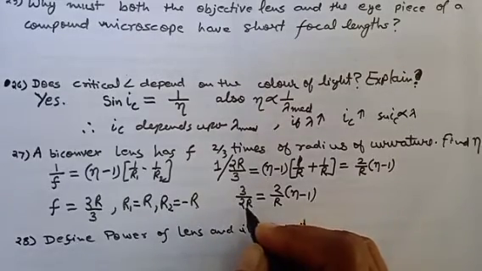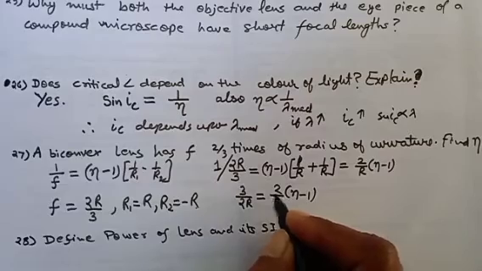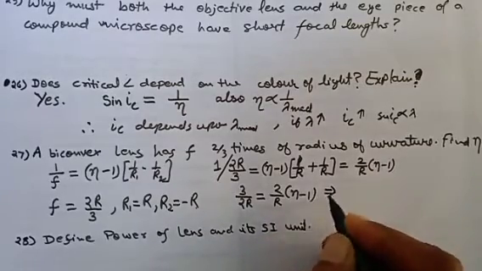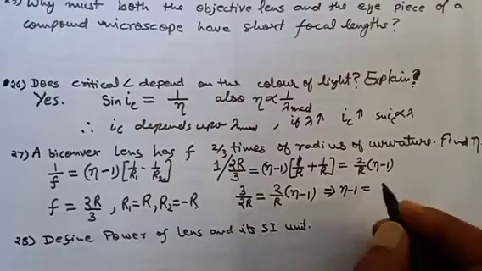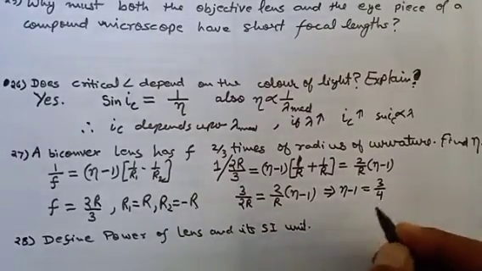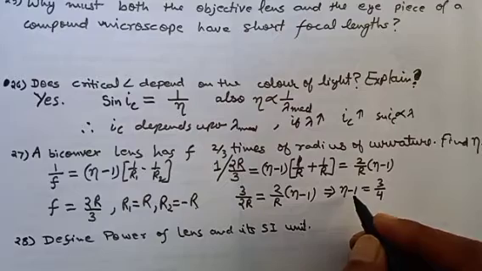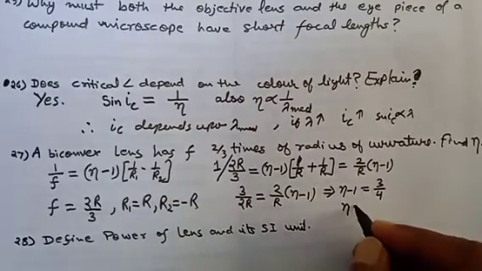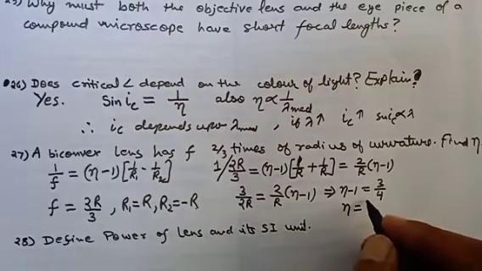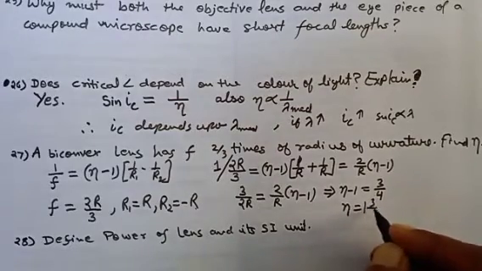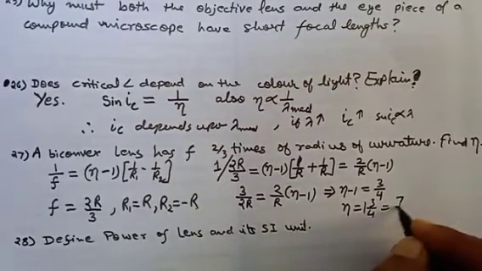R will get cancelled. So it will turn out to be eta minus 1 is equal to 3 by 4. And therefore eta is 1 plus 3 by 4, so it is 7 by 4.